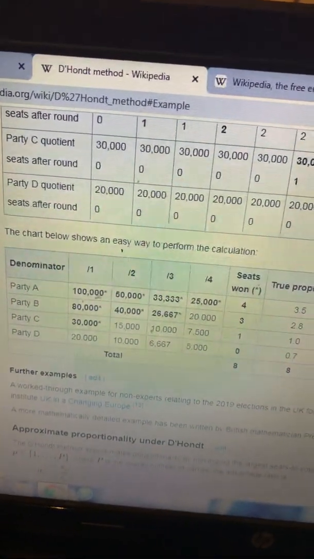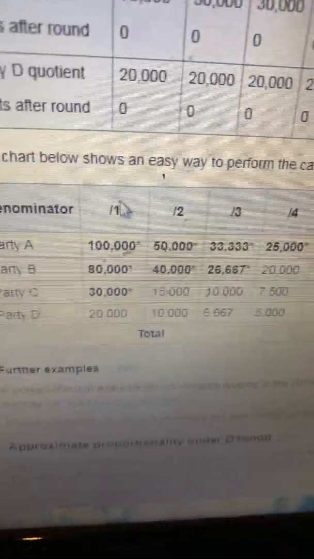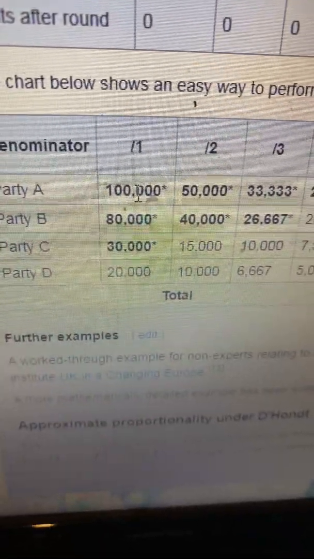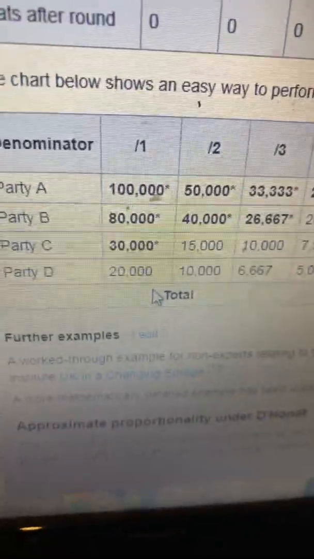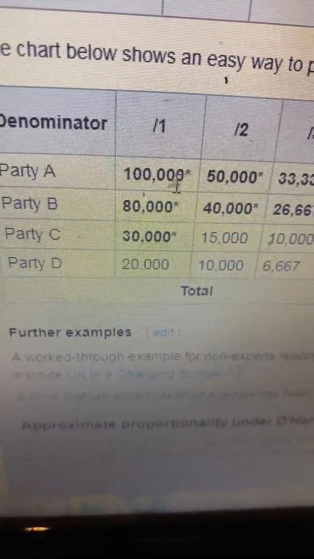So this can be easier to see. Party A, B, C, D divided by 1 is 1, 2. The first round, count which is the most. Here it is the most.